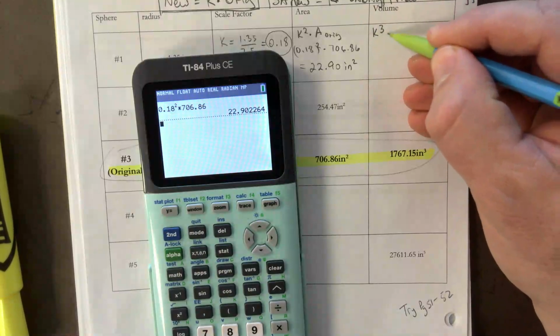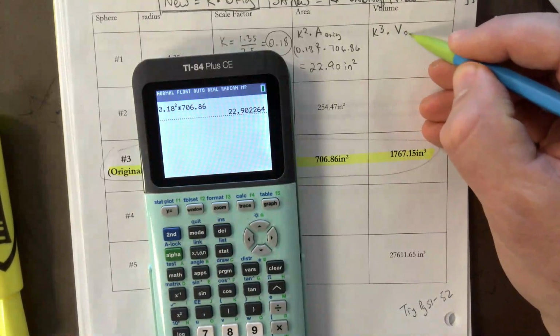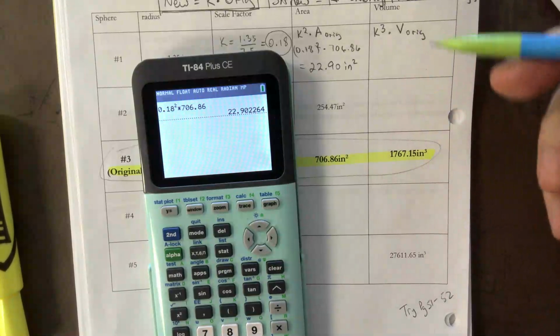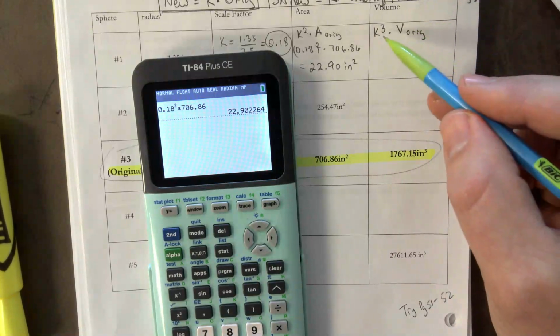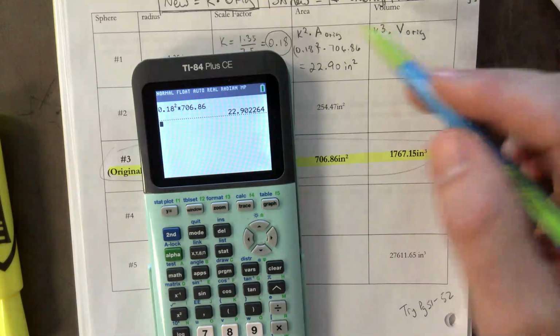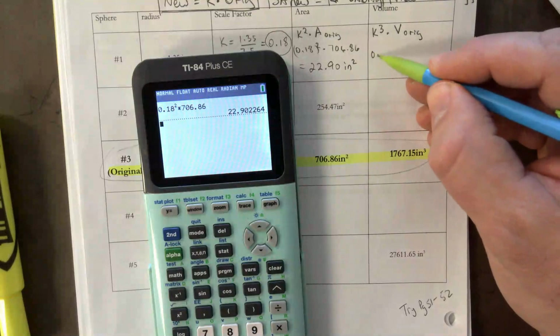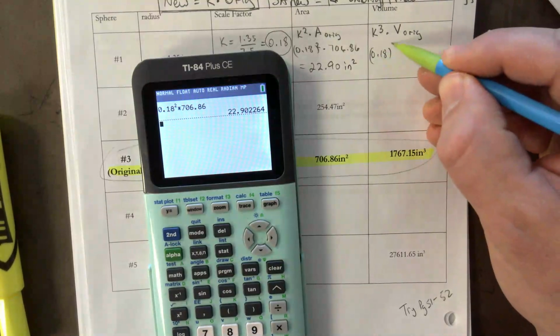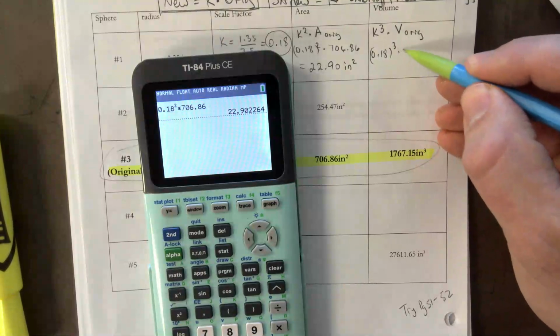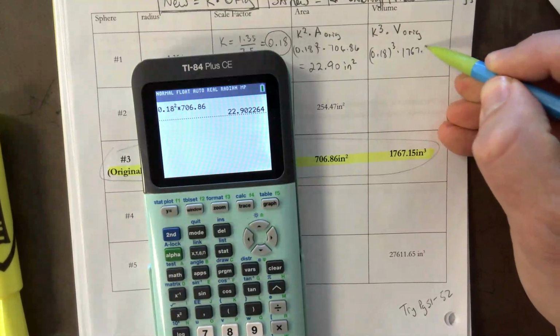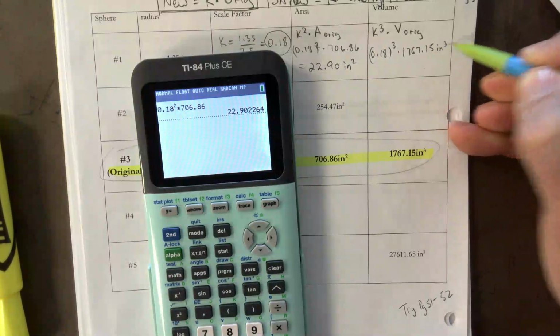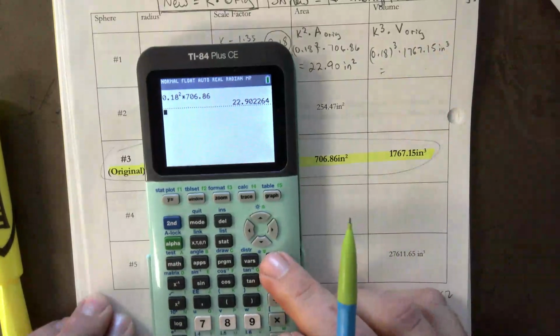K cubed times volume of original. That's what it comes down to. If you want to find your new stuff, just go K cubed or K squared or whatever times the original. So we go 0.18 cubed times 1767.15, and that's cubic inches. So this is how you do it on your calculator.